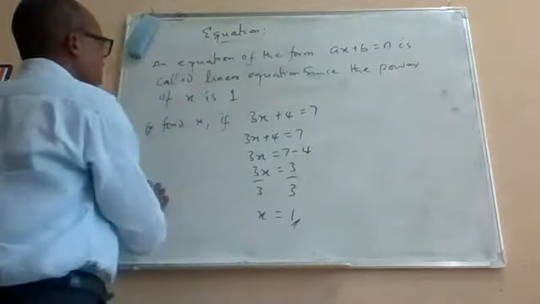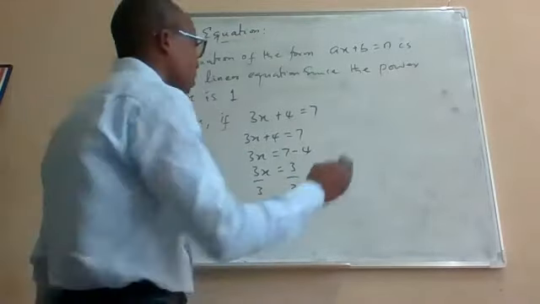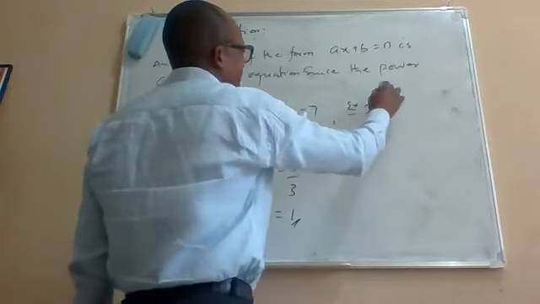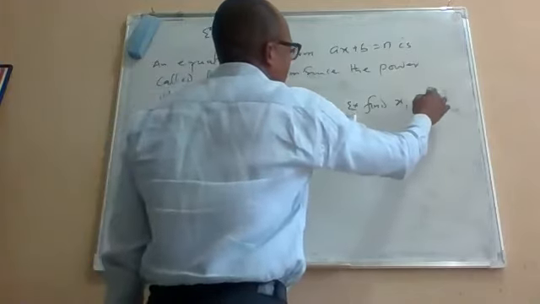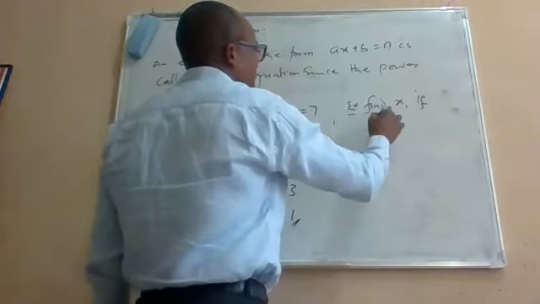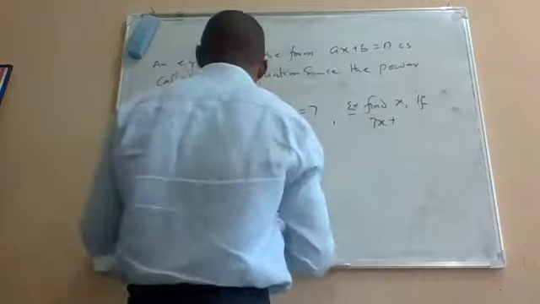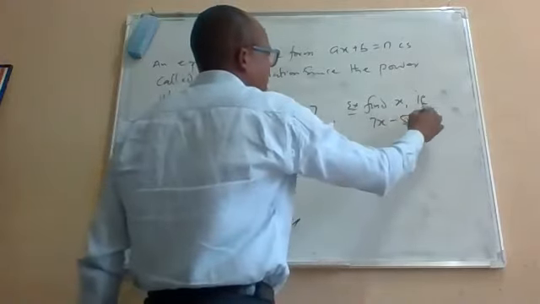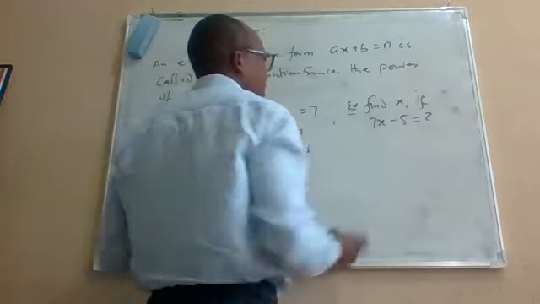Another example, still on linear equation. Find x if 7x minus 5 is equal to 9.